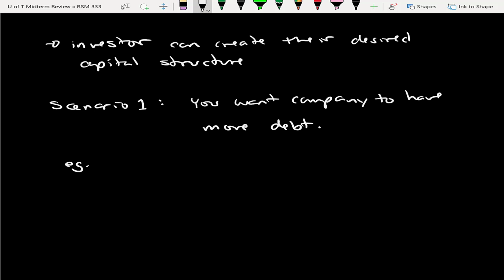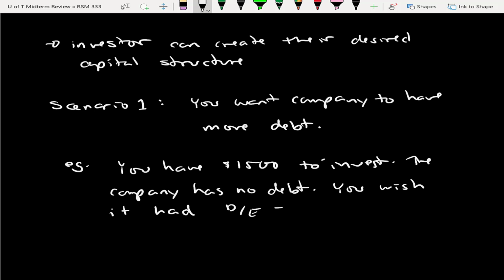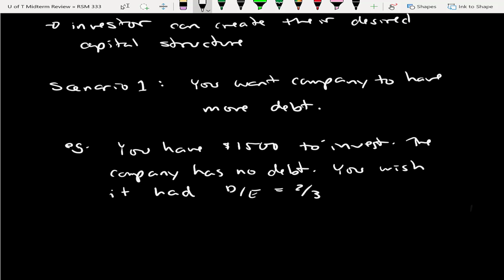Say you have $1,500 to invest. The company has no debt. And you essentially wish it had a debt-to-equity ratio of 2/3.